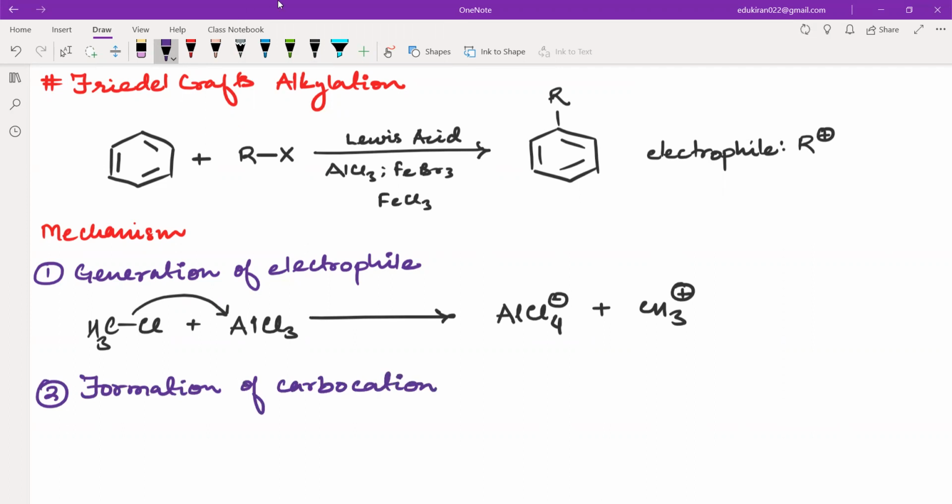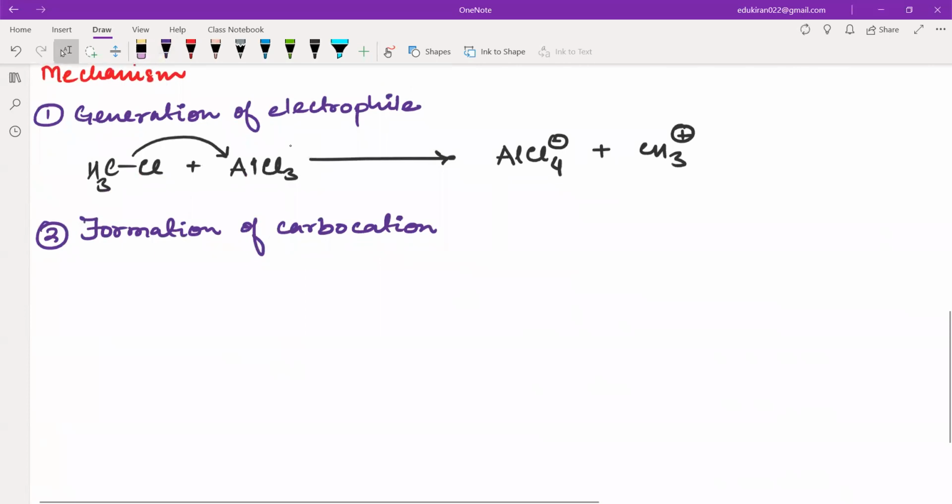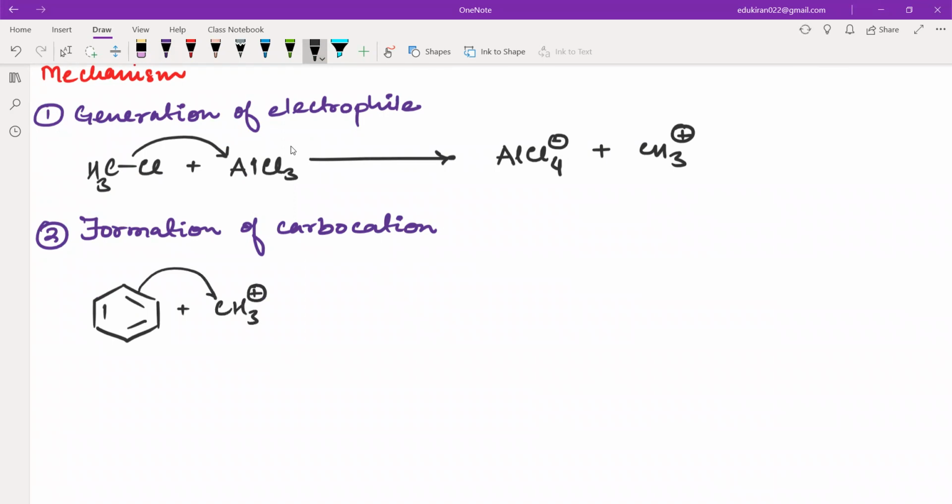Now this step is going to be very similar to the previous reaction that we have done, in which the benzene ring, through one of its pi bond, attacks on the electrophile with breaking the pi bond and forming a carbocation.